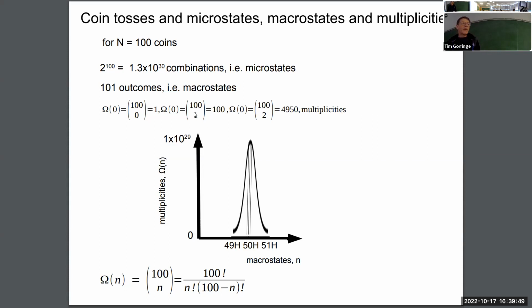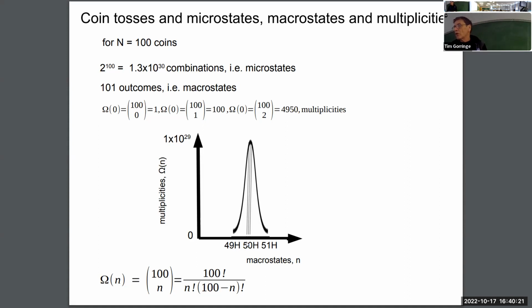To get 1 head and 99 tails, that multiplicity is 100. So there would be 100 different microstates with 1 head in it and all the rest tails. And there'd be 100 different microstates with 1 tail and all the rest heads. So that's 100 out of 10 to the 30. That's still incredibly unlikely.